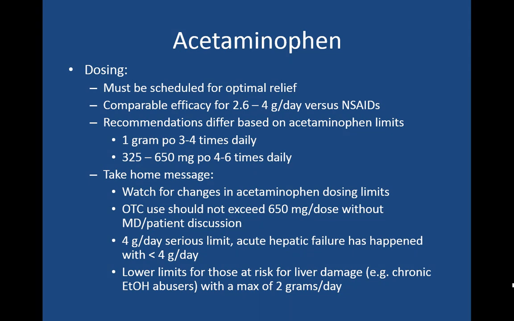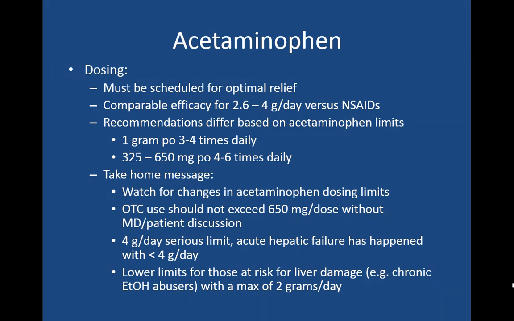So I say that to say, if somebody walked in off the street and they didn't tell you that they're a chronic alcoholic or anything like that, and they say, I want to take something for my arthritis, and you say, oh, take acetaminophen, 1,000 milligrams 4 times a day, and they also drink a bottle of whiskey a day, and then 3 months from now they have liver failure and they try to sue you because you recommended more acetaminophen than they were supposed to have.